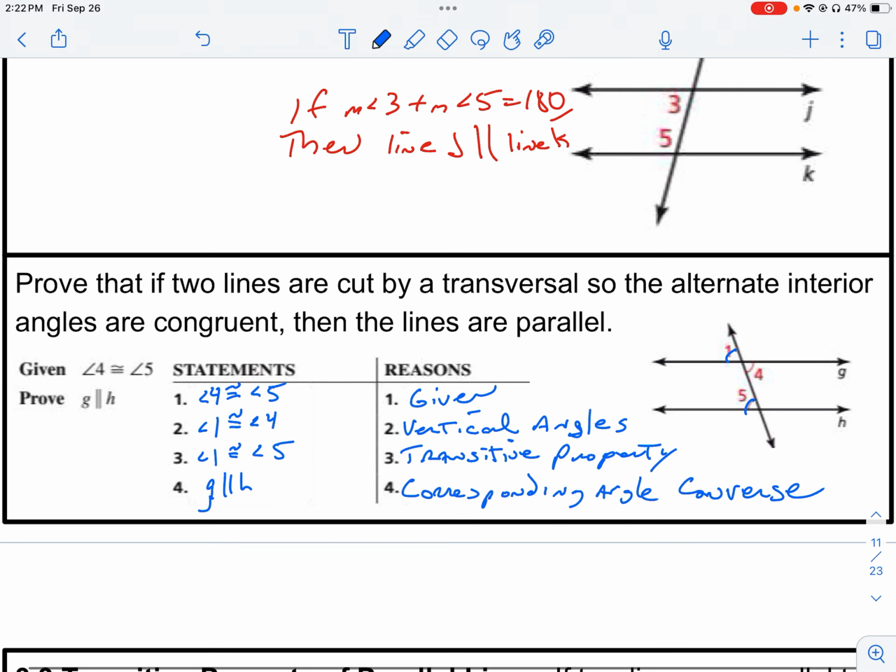Super, super easy. So we just proved that congruent alternate interior angles will make lines parallel.